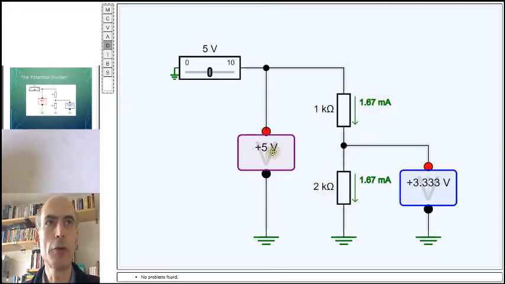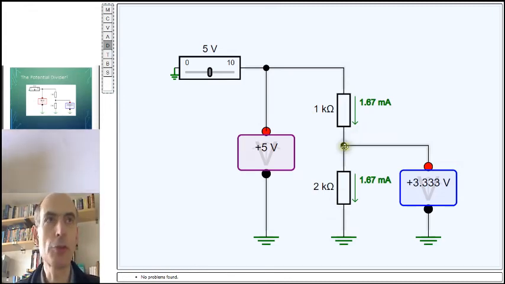There is no current flowing through the voltmeters because these are ideal voltmeters and they have an infinite resistance, so no current flows through them. That means by Kirchhoff's current law, all of the current flowing down through this resistor must carry on and flow down through this resistor. So the currents flowing through these two resistors are the same. And that gives us the clue as to how we can work out what the output of this circuit is going to be.